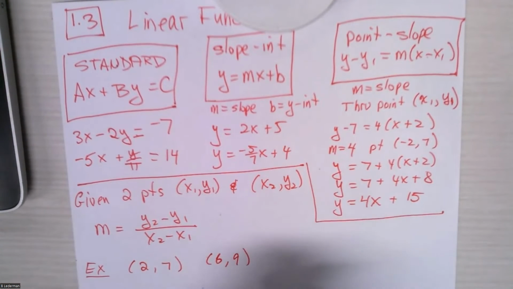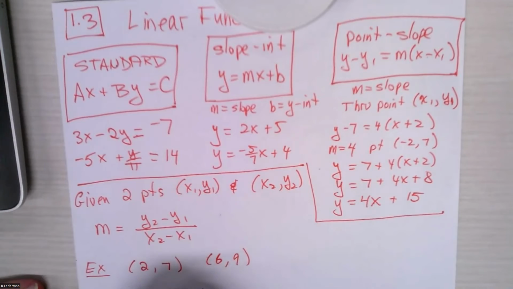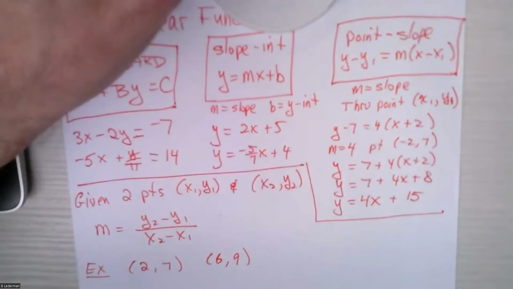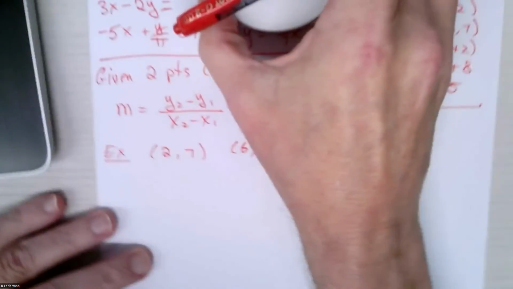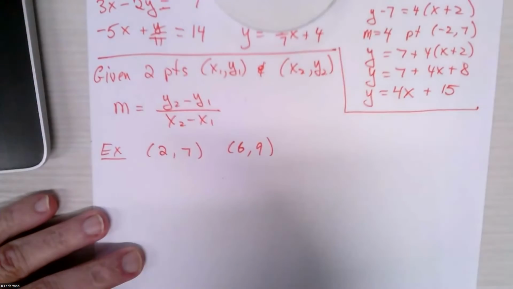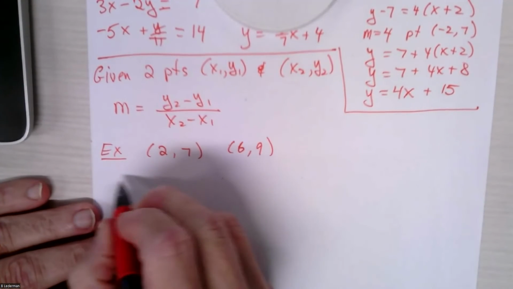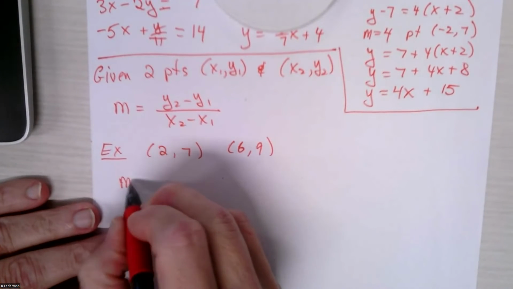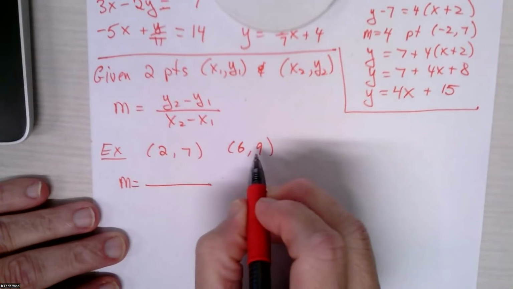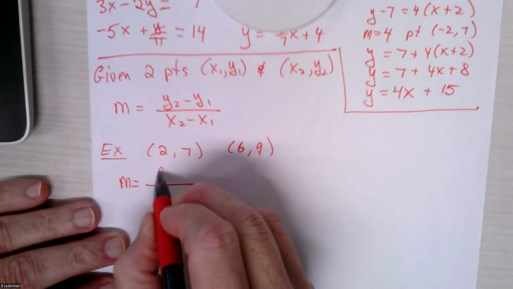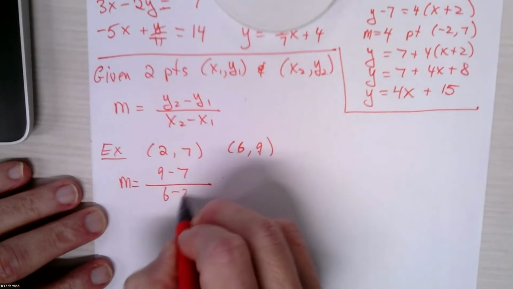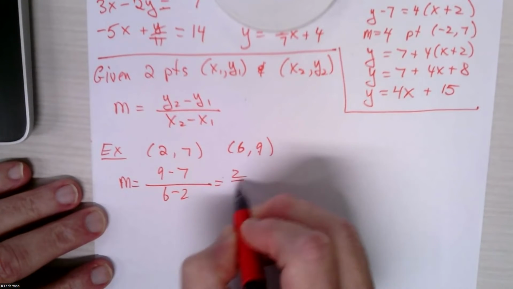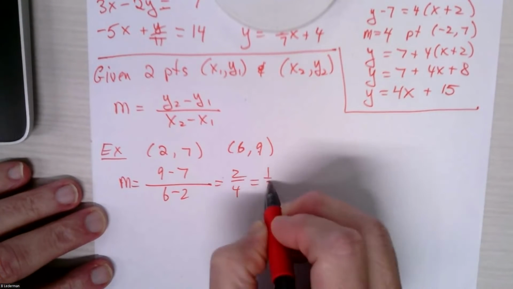So what is the slope? Well, the slope, m, is going to equal 9 minus 7, that's y2 minus y1, over 6 minus 2, which equals 2 over 4, which reduces to 1/2.